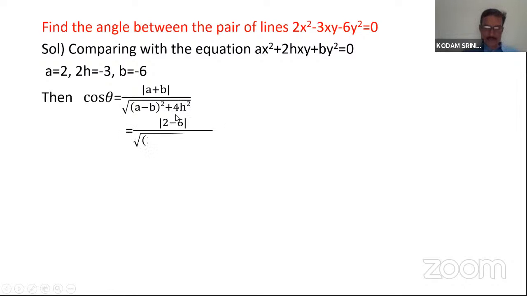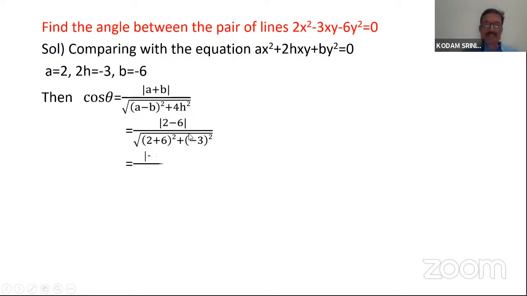Now substituting the values: modulus of a plus b, modulus of 2 minus 6, by under root of (a minus b) whole square, that is (2 plus 6) whole square, plus 4h square, which can be written as the square of 2h, so directly minus 3 whole square. This is the 4h square part.